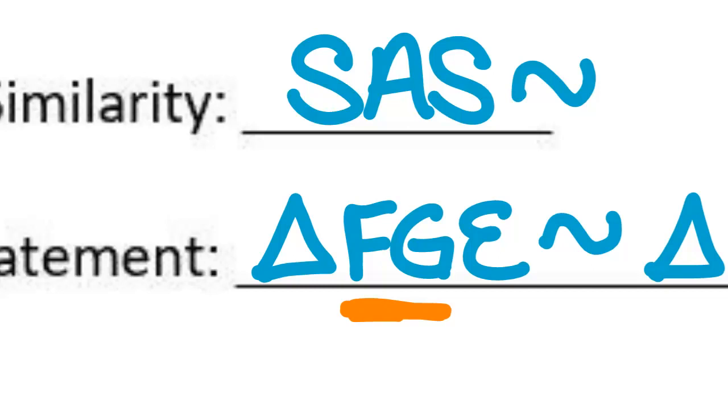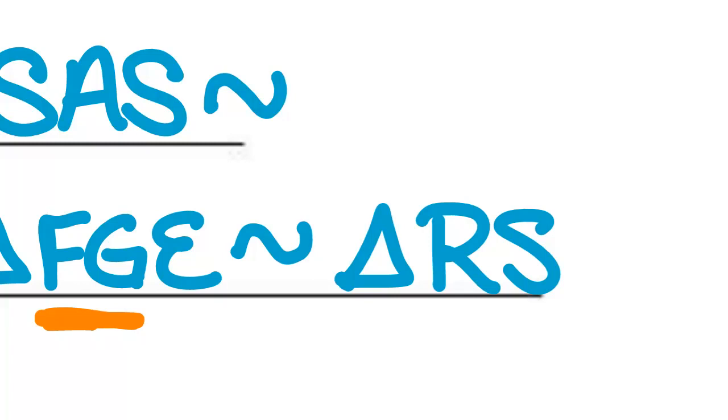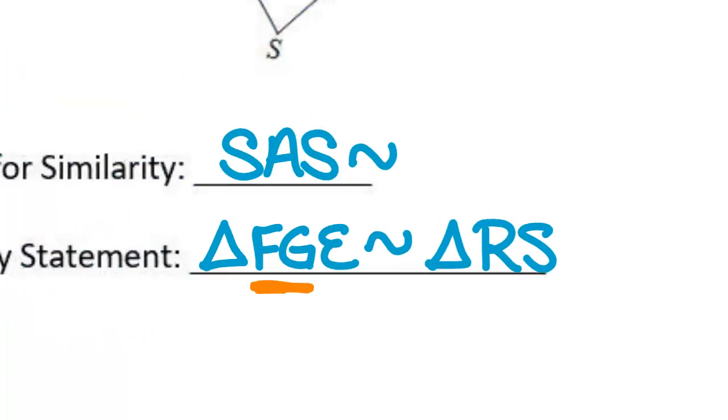So that would have to match up with the other side over here that we don't have information about. What would that side be? RS. And we'll check in just a minute to make sure that we have those letters in the right order. What would have to come at the end? E has to come at the end. We know that E is congruent to E because those are my vertical angles.